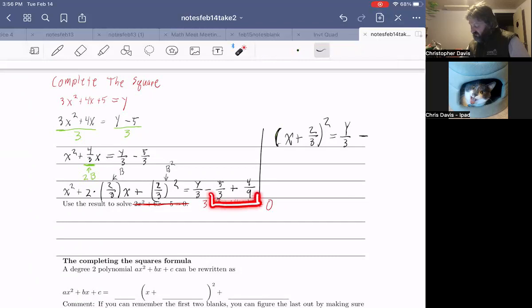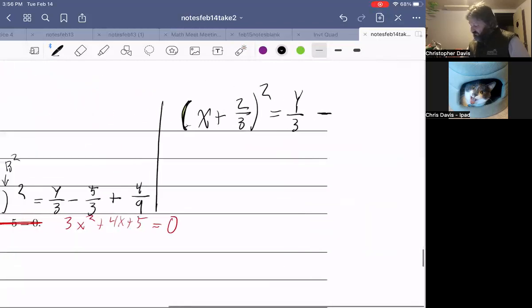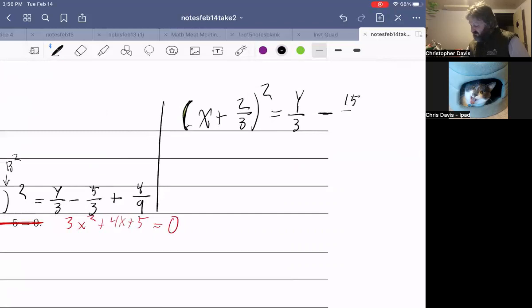Between these two, let's get a common denominator so we can add them: minus 15 over 9 plus 4 over 9. So that's y over 3 minus 11 over 9, since negative 15 plus 4 is negative 11. Add 11 over 9 to the other side: x minus 2 over 3 squared plus 11 over 9 equals y over 3.